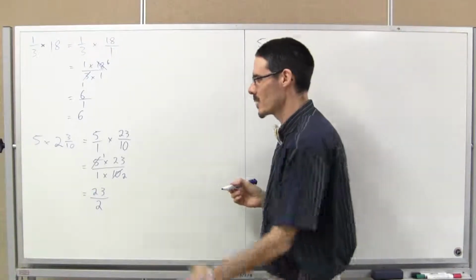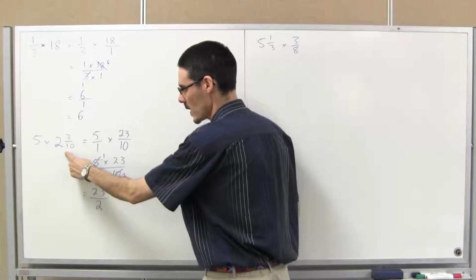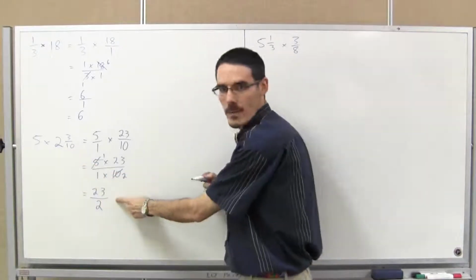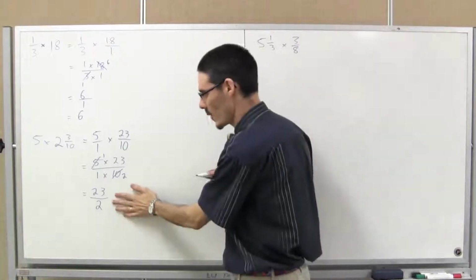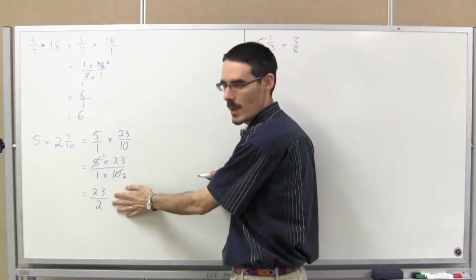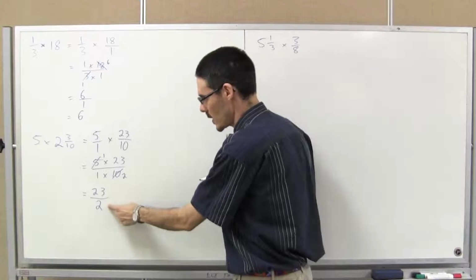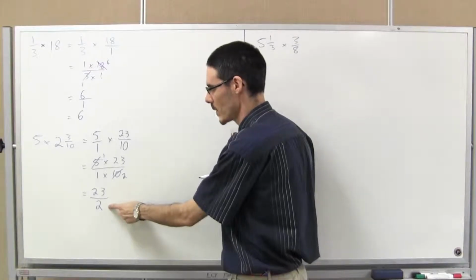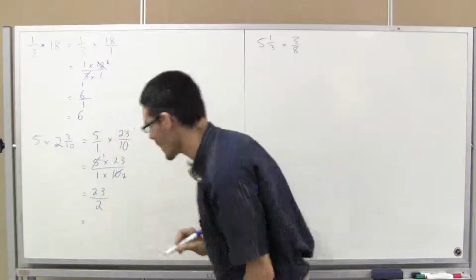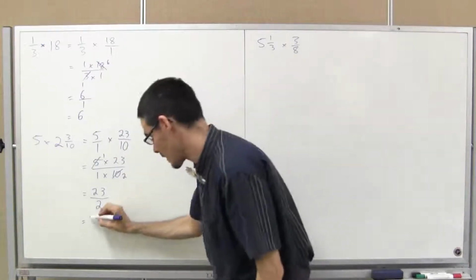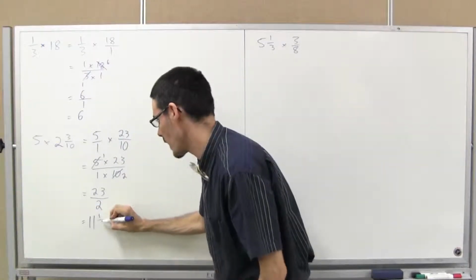Now, because my original question had mixed numbers, if you like, you can write that as a mixed number. You don't have to. An improper fraction is a perfectly good result. But if you want a mixed number, 23 divided by 2. Well, how many times does 2 go into 23? It goes in 11 times, and there's a half left over.